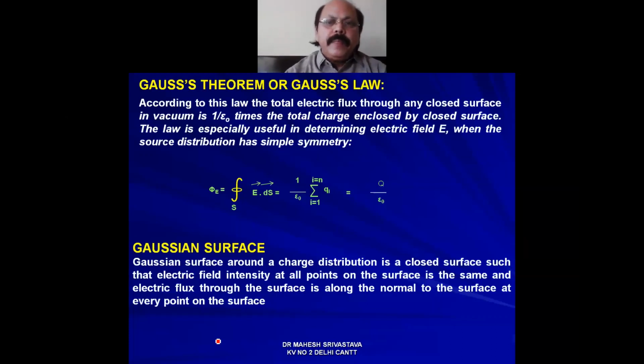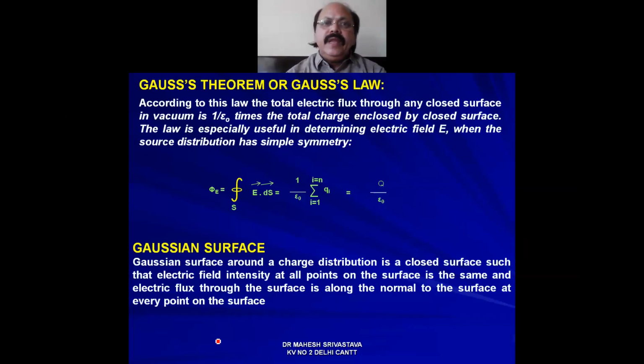According to this law, the total electric flux through any closed surface in vacuum is 1 upon epsilon naught times the total charge enclosed by the closed surface.